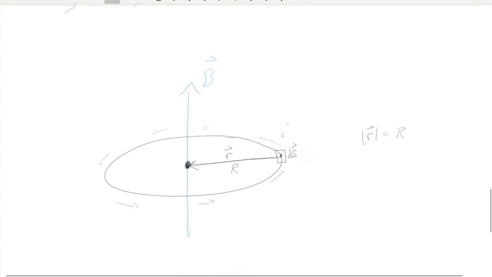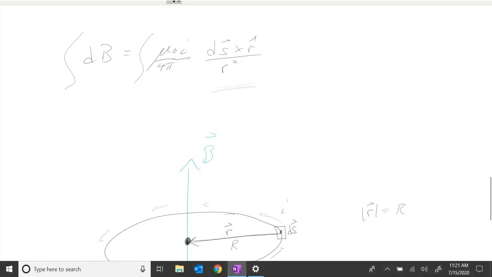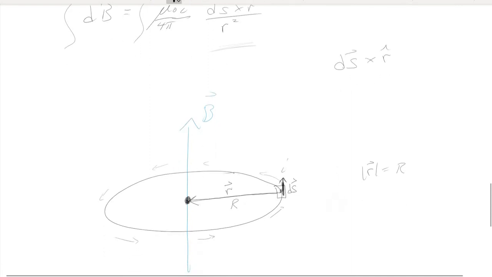Let's see what happens when we plug this information into our default expression. The first thing that's going to happen, the first thing that we need to take care of, is the cross product relationship between ds and r. Now, ds is the infinitesimal displacement that our current has along the rim of this circle.